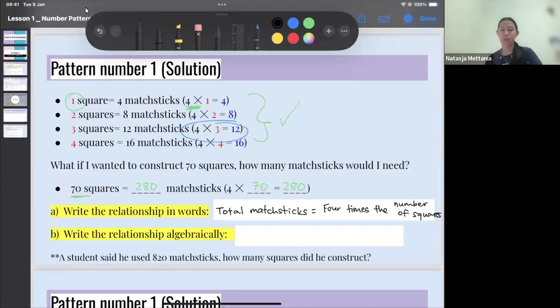Okay. Now, I've written it in words. Now I need to write it in algebra using letters. Let's say the total number of matchsticks, I can write it as M. And the number of squares, I can write it as S. So all I'm going to do is transfer it. So it says total number of matchsticks.